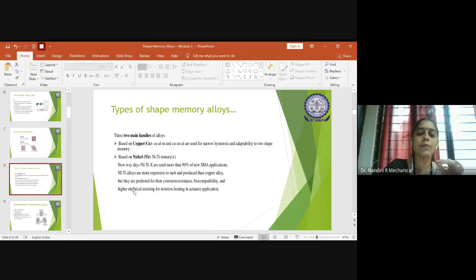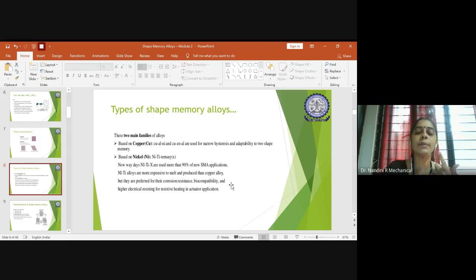So depending upon the property or the application you need, you can use these nickel based alloys not only for shape memory applications, even for other applications like actuators. So when we speak about the classification, you have to understand two things. You have two main families of alloys: one is copper based and the other is nickel based. Copper based will show a very narrow hysteresis loop in comparison to the nickel based alloys, right?